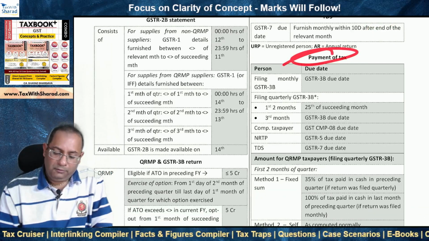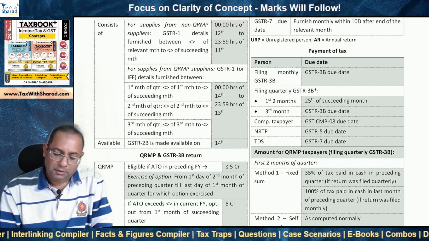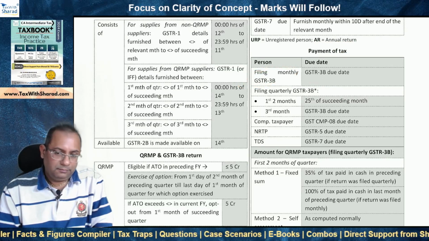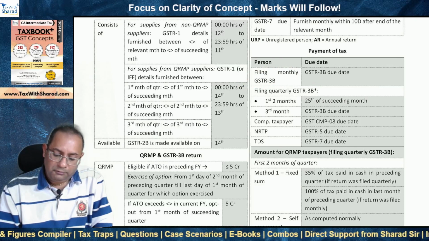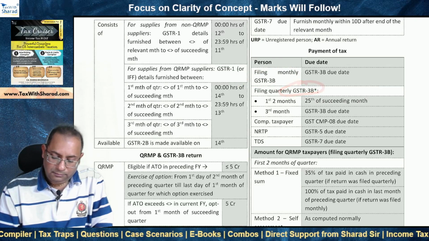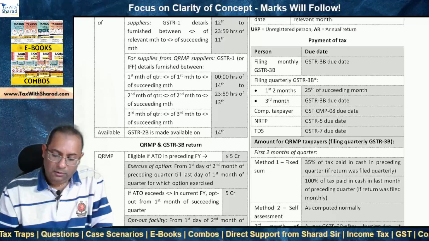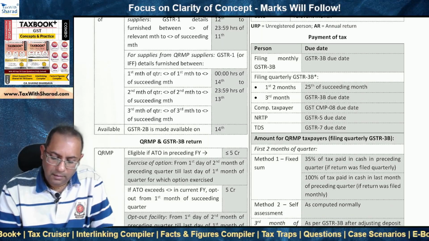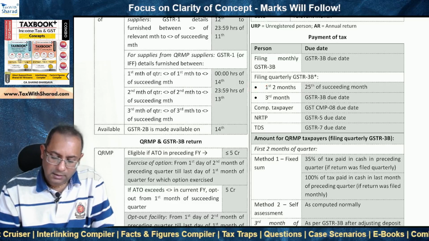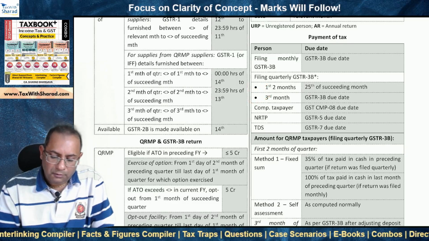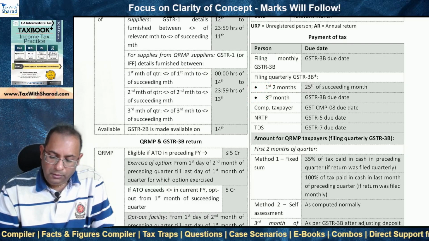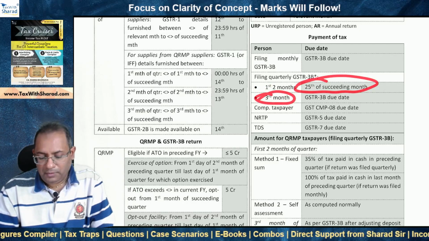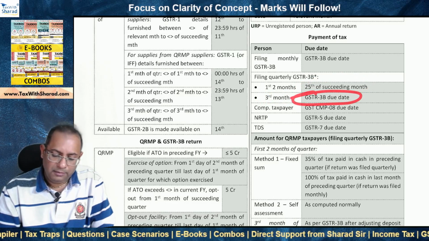What are the due dates for payment of tax? In case of a person filing monthly GSTR 3B, it is the GSTR 3B due date. For a person filing quarterly GSTR 3B, for the first 2 months and for the third month: for the first 2 months, the due date for payment of tax is 25th of the succeeding month, and for the third month, it is the same as the GSTR 3B due date.